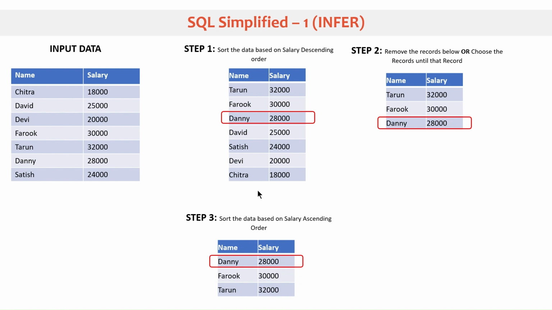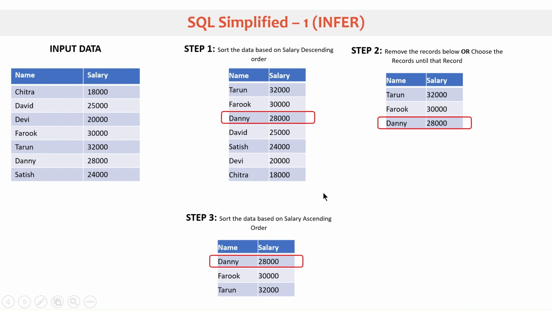Then the third step could be to sort the data within these three records in ascending order. If I sort only in ascending order, Danny becomes the first record, because his salary is 28,000.